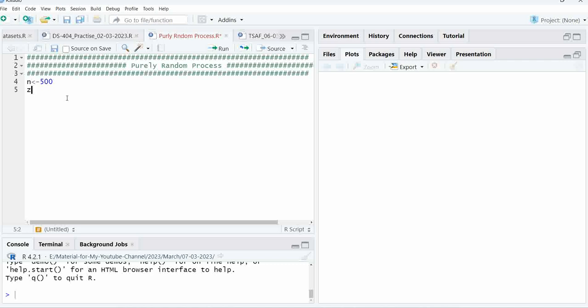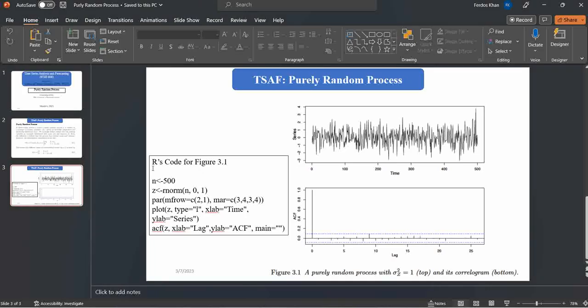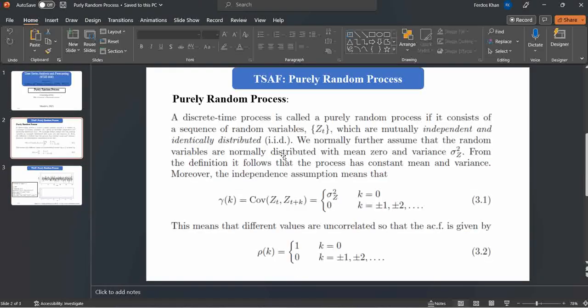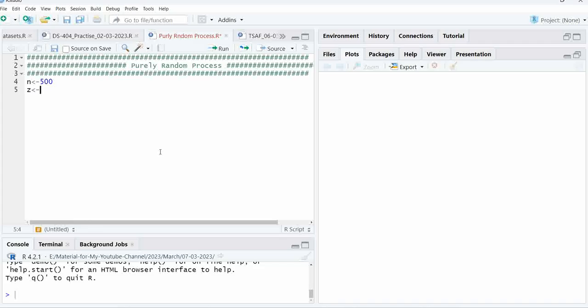Now z, just assign a variable z, which was zt in the text, but we don't need to write this subscript t. Okay, you can, but for simplicity I'm just writing z, and this is rnorm, and this means draw random numbers, simulate random numbers from normal distribution, that is n, which is 500 in the first step, 500 observations.